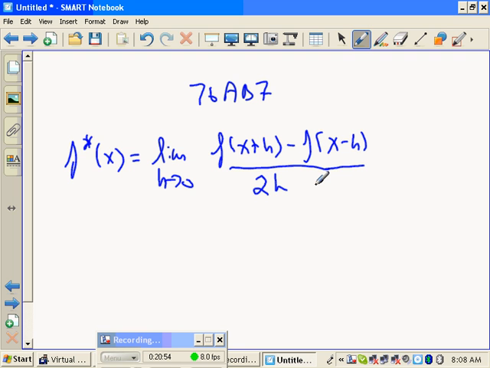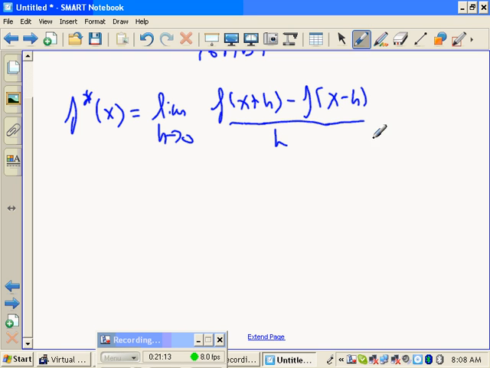All right, yeah, Ethan? I'm saying this is the definition of the derivative using the symmetric difference quotient. They're giving you something different. All right, can you find f star for x squared plus x? If f of x is x squared plus x, can you find an f star for it?